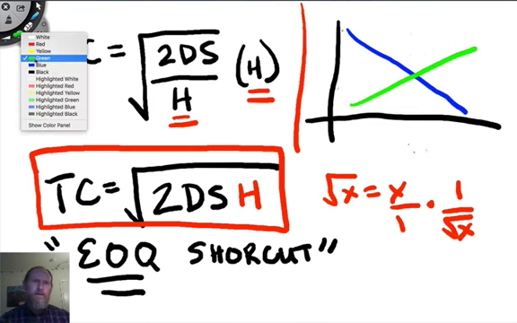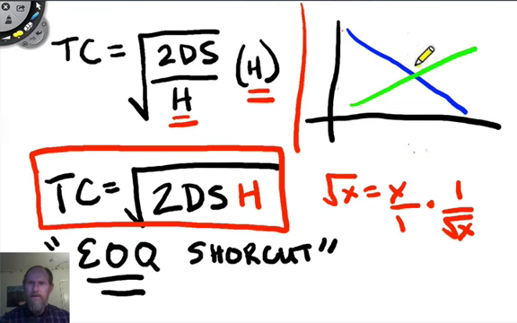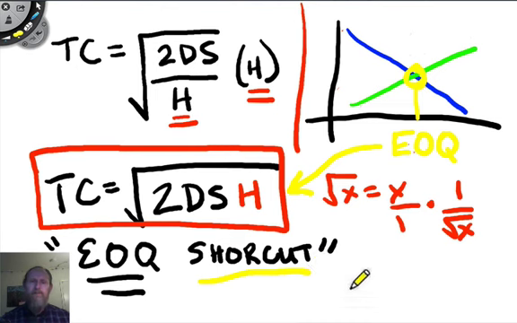It is only at this point here, the EOQ, that we can use that formula. Can't stress that enough. Or that shortcut. So, that's the justification for what I call the EOQ shortcut.